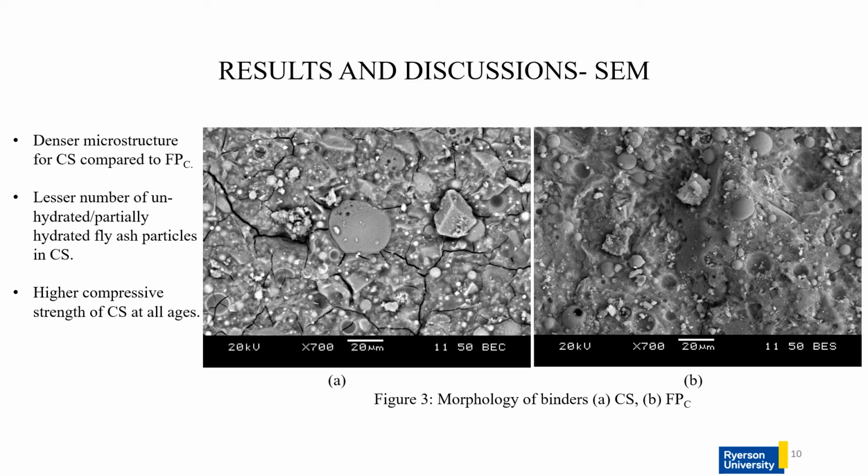So this indicates the mix CS is denser than the control binder, which is responsible for the higher strengths for the CS mix at all ages in comparison to the control binder.